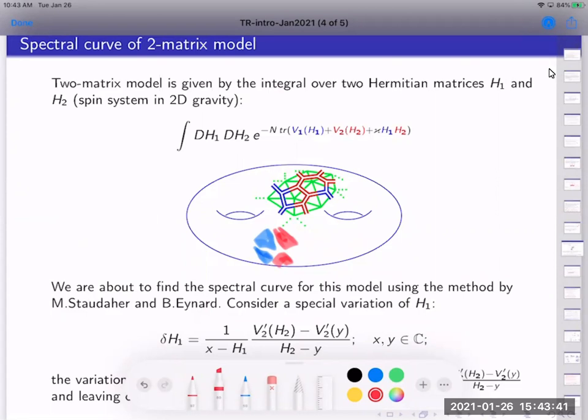So we have red and blue vertices, and they can be joined by edges that change the color on the boundary. And this is described precisely by this matrix integral above.